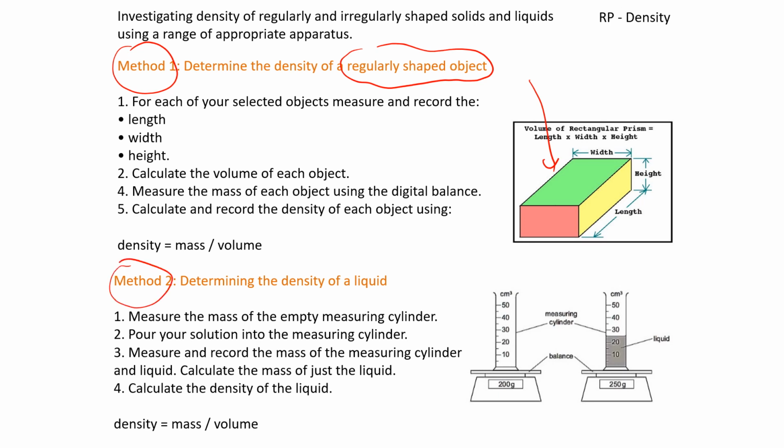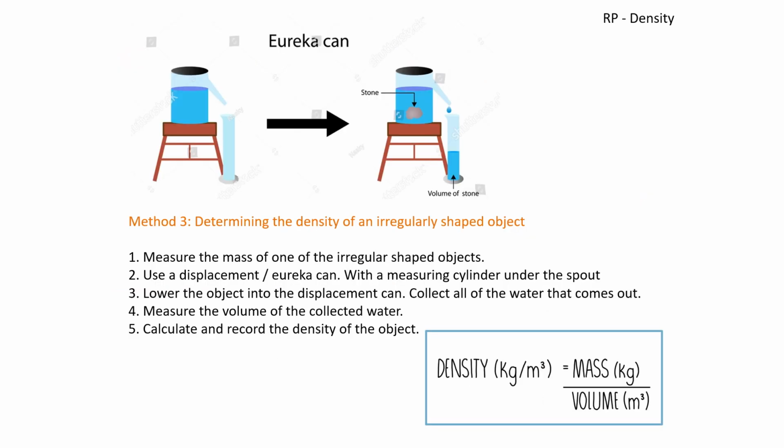Method number 2 is where you've got to work out the density of a liquid, so for example, water. And number 3 is the density of an irregular shaped object. So I could ask you to work out the density of that if it was a 3-dimensional shape. Okay, but again, I'll just repeat, go to the video that talks specifically about the required practical for density.